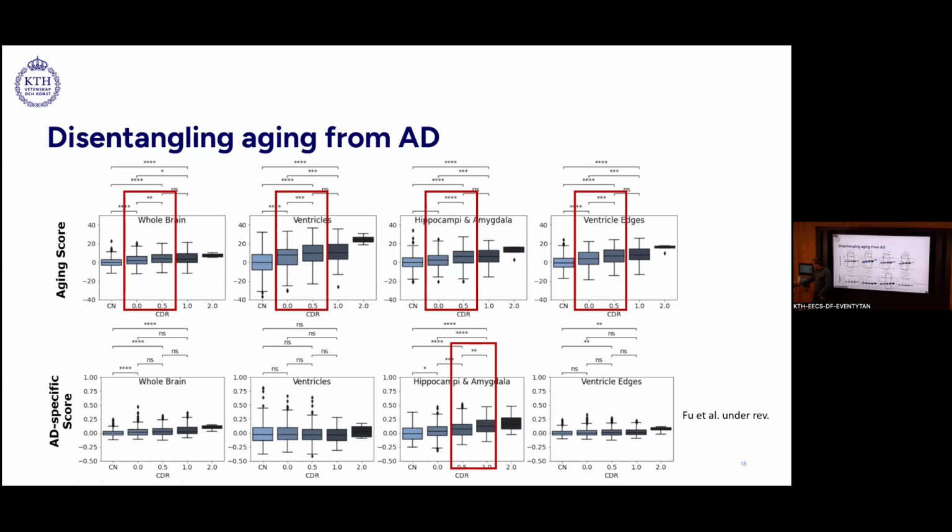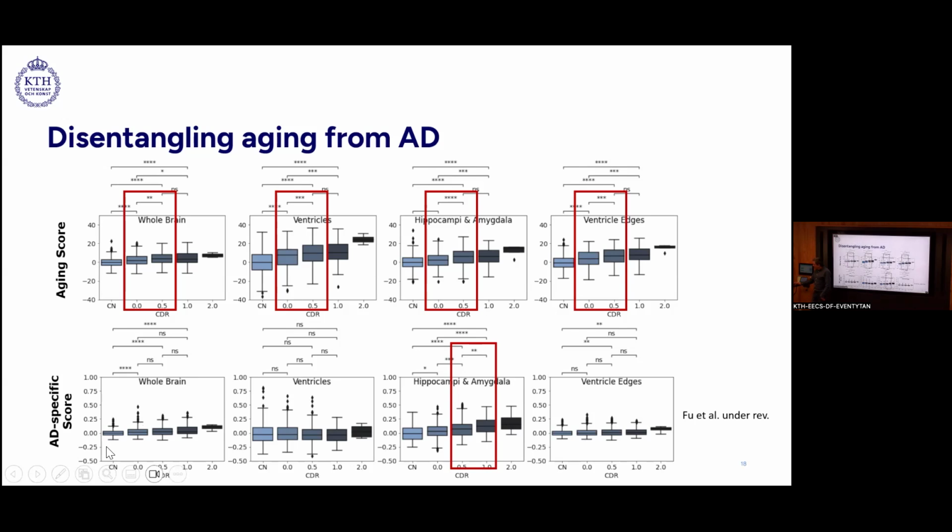We found differences here when the disease is progressing faster. That means that at the beginning maybe this red arrow is not super important, but at some point it will become more and more important. And it's only affecting the hippocampus and amygdala in this case. So it was an interesting finding, I would say.